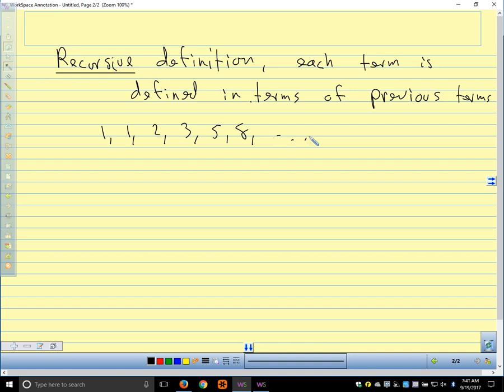The Fibonacci sequence is a recursive sequence, because to get each term, we have to add the 2 previous terms.